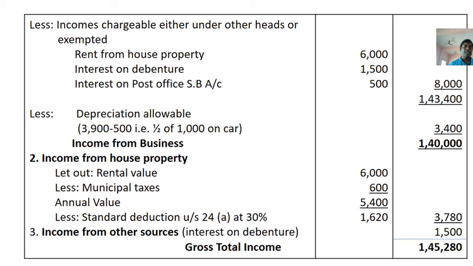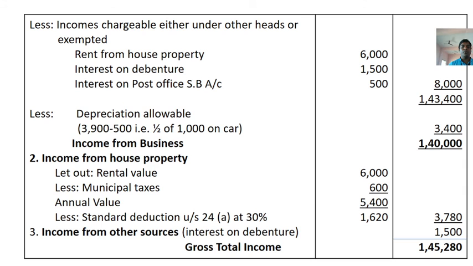Then third head is income from other source. So amongst that, interest on debenture is taxable income under the income from other source 1,500. We need to aggregate one by one. Income from business 1,40,000, then income from house property 3,780, then income from other source 1,500. This aggregate value is called as gross total income.